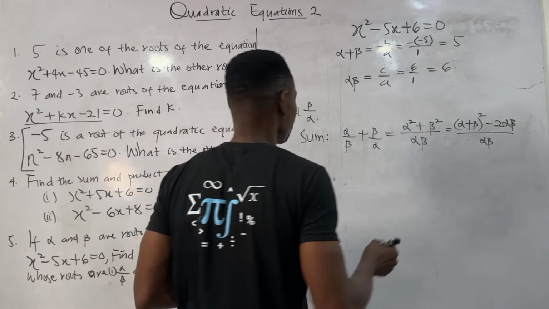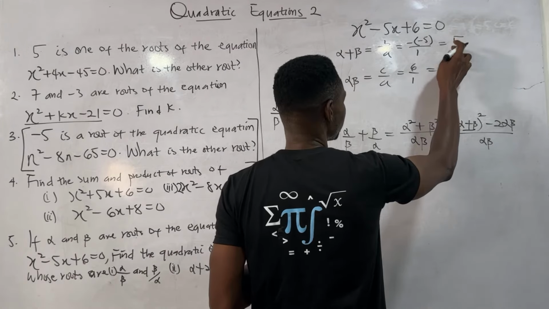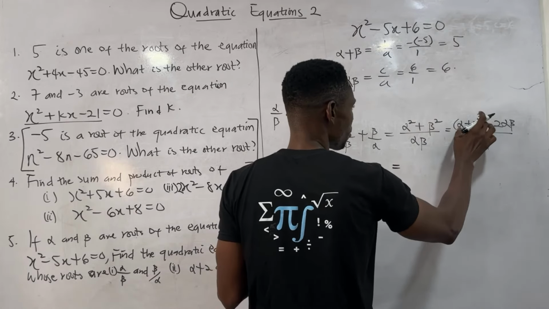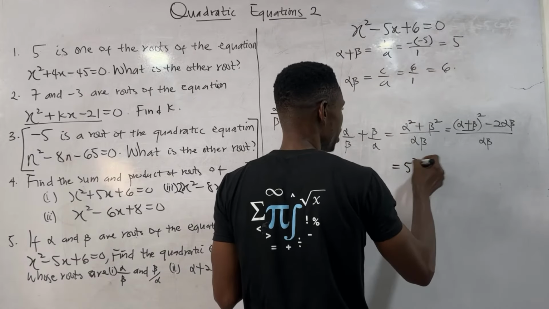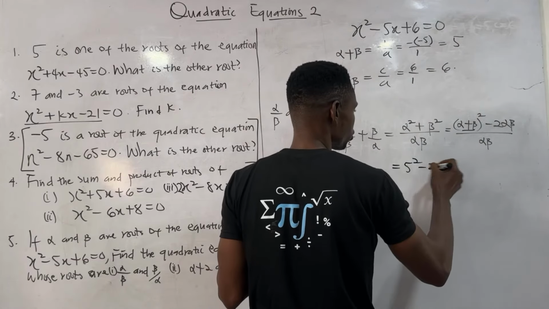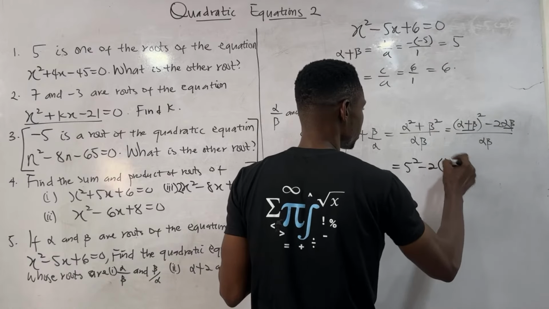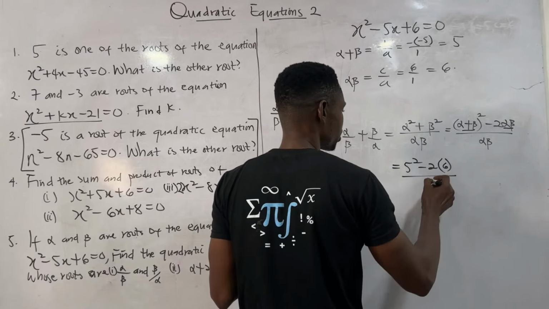Okay, so fortunately, we already have alpha plus beta here. So alpha plus beta itself is 5. So 5 square minus 2, we have alpha beta, which is 6, all over alpha beta, which is 6.